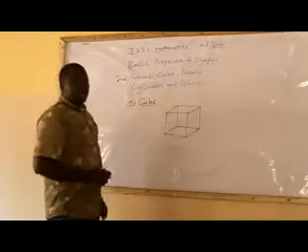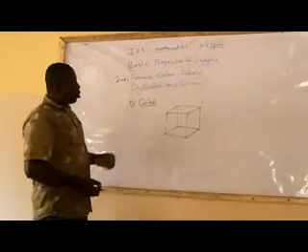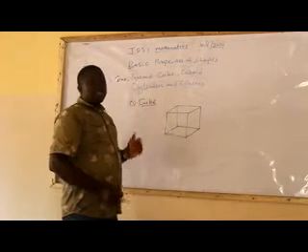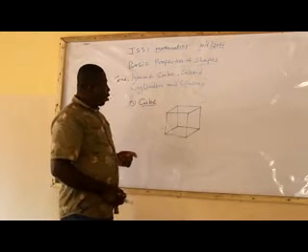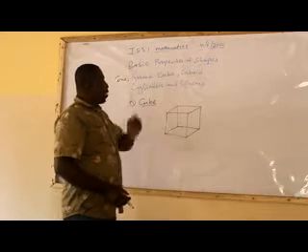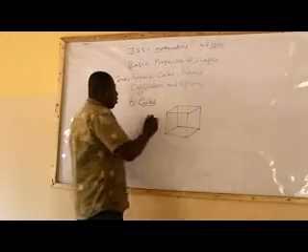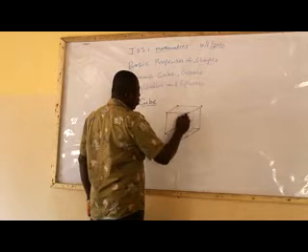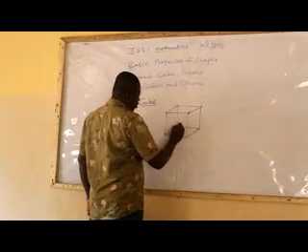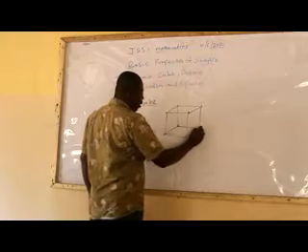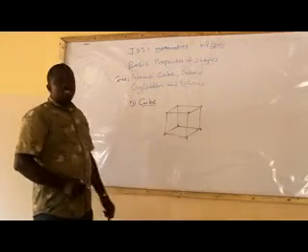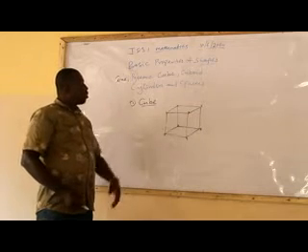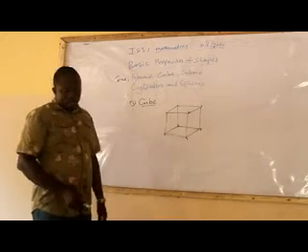If you look at this cube on the board, you find out that it has 6 square flat sides. If you count the number of vertices it has, 1, 2, 3, 4, 5, 6, 7, 8. It has 8 vertices. So this is how a cube looks like.